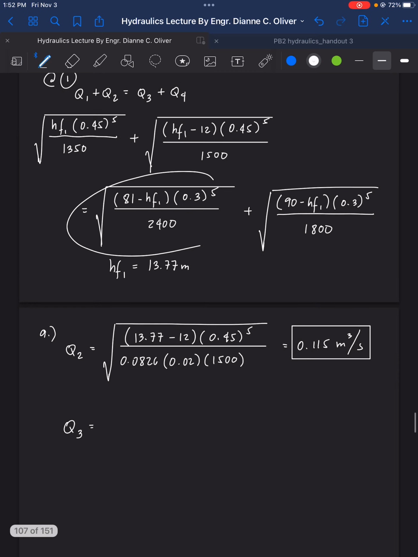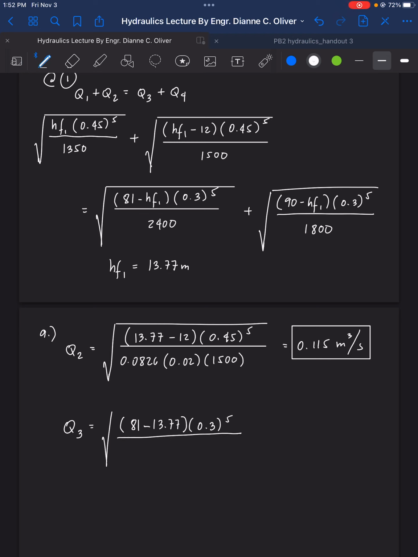Q3 here is this one. This is square root of 81 minus 13.77 times 0.3 raised to 5 all over 0.0826 times 0.02 times 2,400.